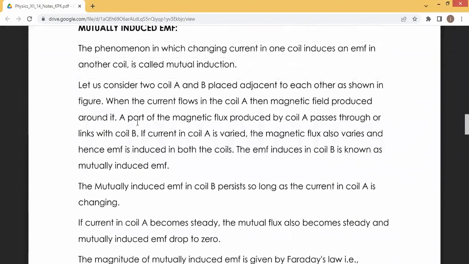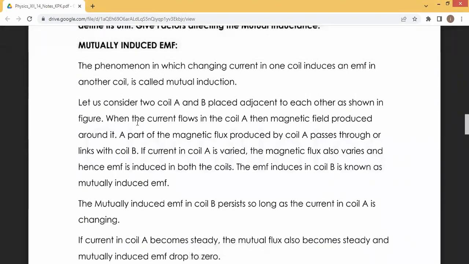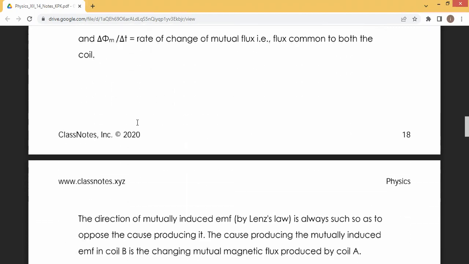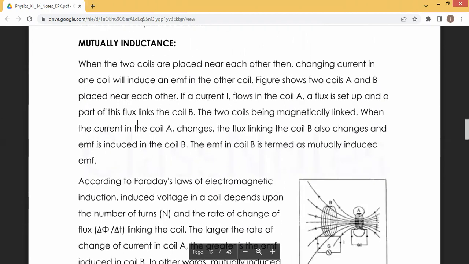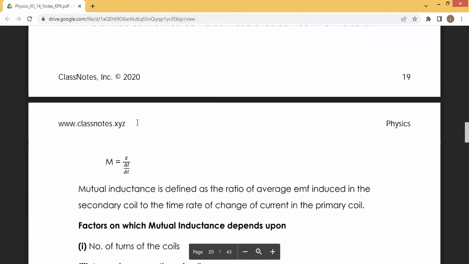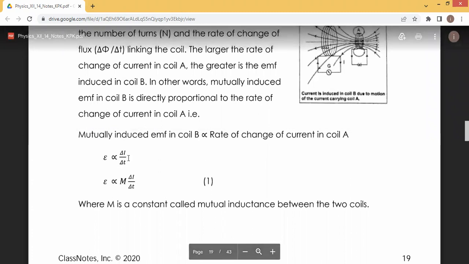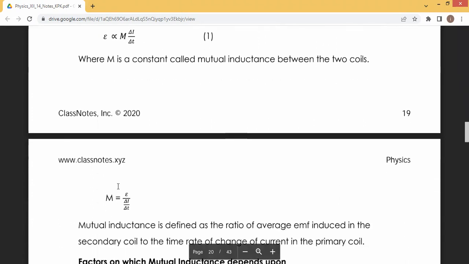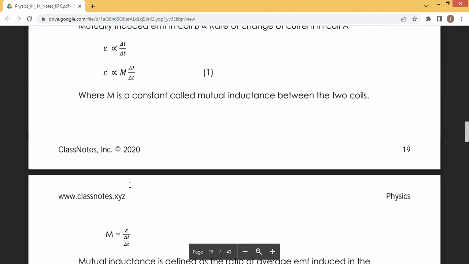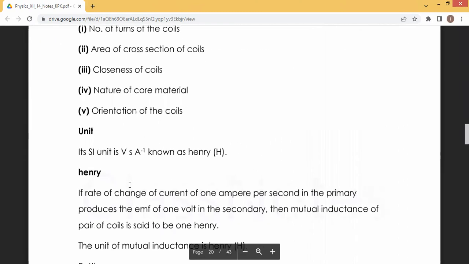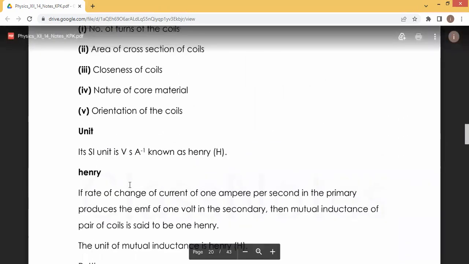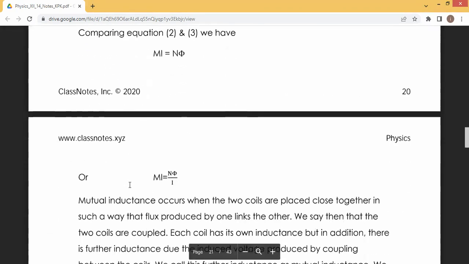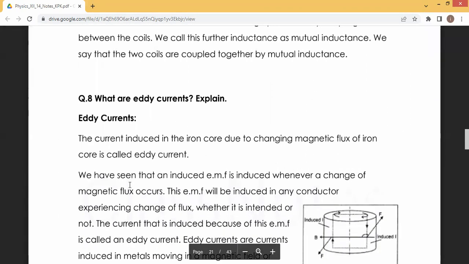Let us say I have two coils A and B. If there is a changing current in coil A, then it will produce an EMF in coil B. Mutual induction is the same, with change delta I divided by delta T, and here it will be M. So M equals induced EMF divided by delta I divided by delta T. Again, the unit is Henry.